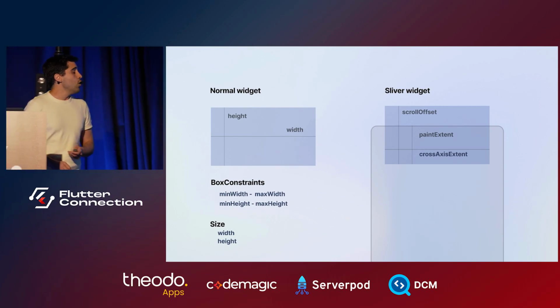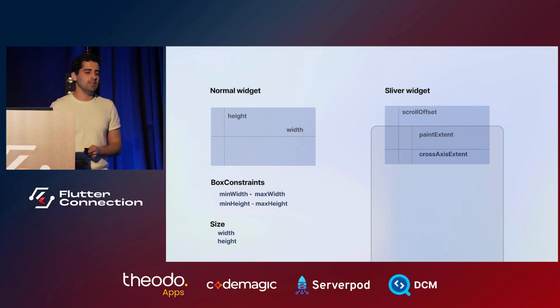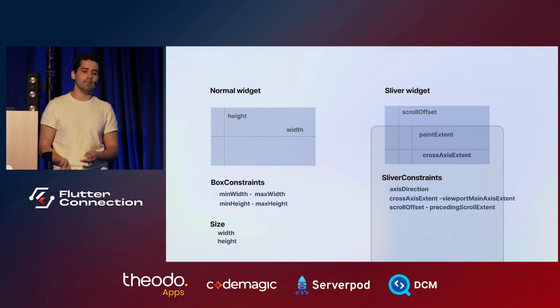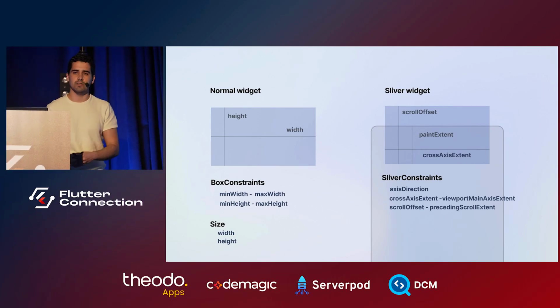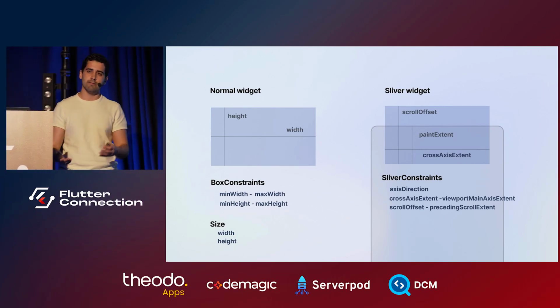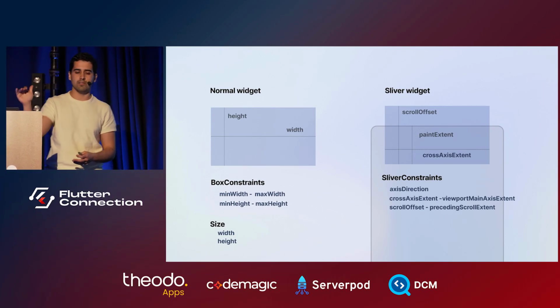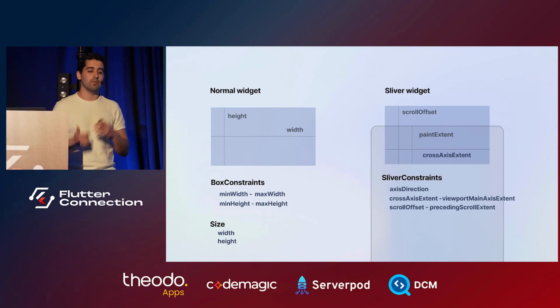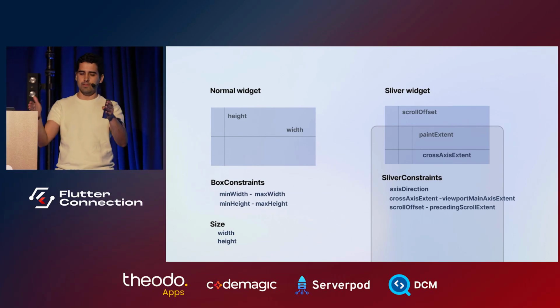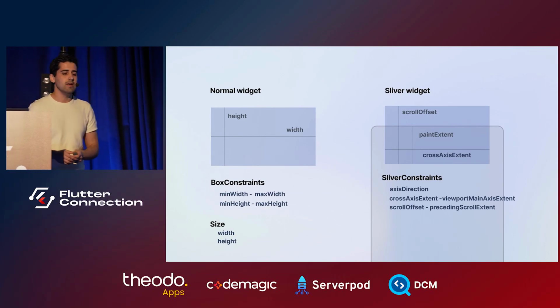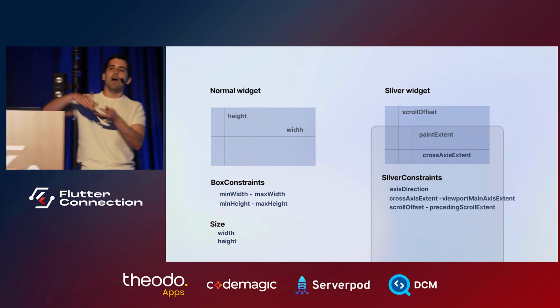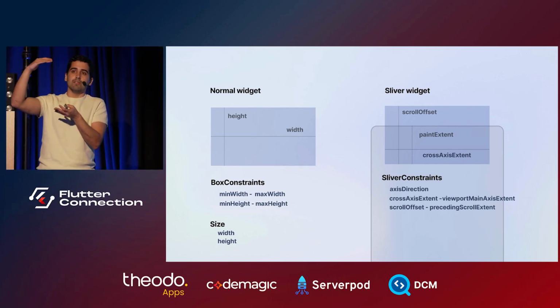The layout process is also very similar. We have our custom scroll view, which is our parent, and it gives some constraints to the sliver. One constraint is the direction, how you are going to be scrolling, vertically or horizontally. Then our width is going to be the cross-axis extent. You have to be this width, only one option. And then the viewport main axis extent is how much you can paint on the screen at the same time.